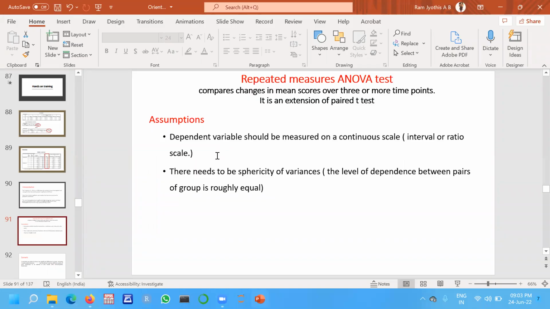Assumptions are that the dependent variable should be measured on a continuous scale. Okay, there needs to be sphericity of variances. Let me explain what is meant by sphericity of variances. As I said, it means the variances of the differences between treatments are equal.